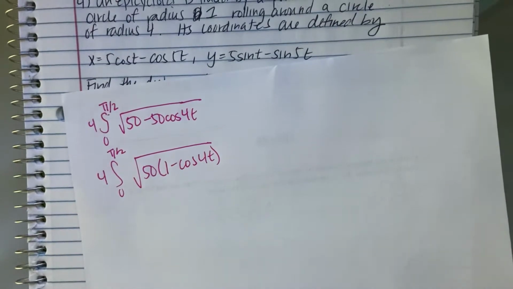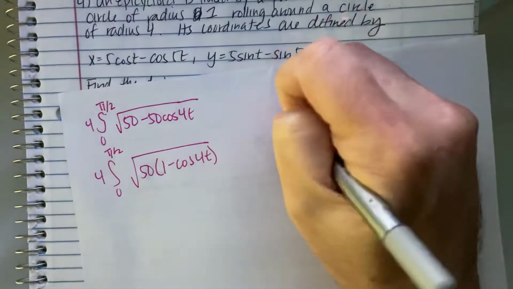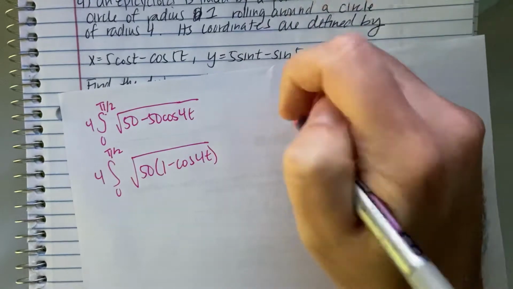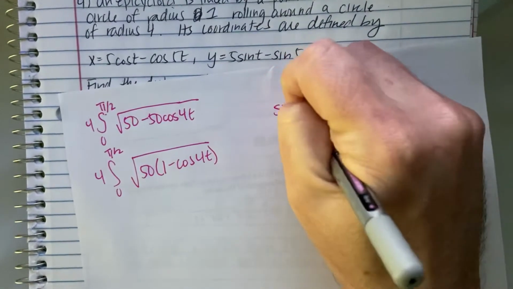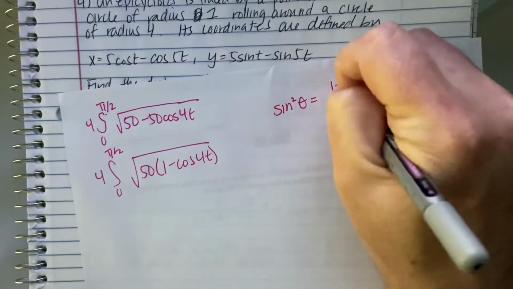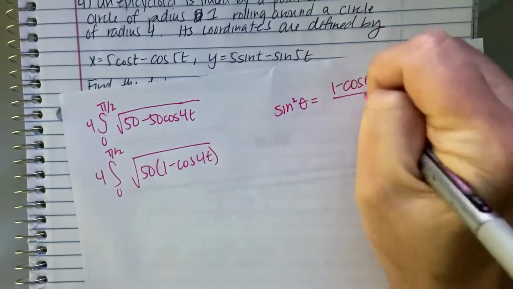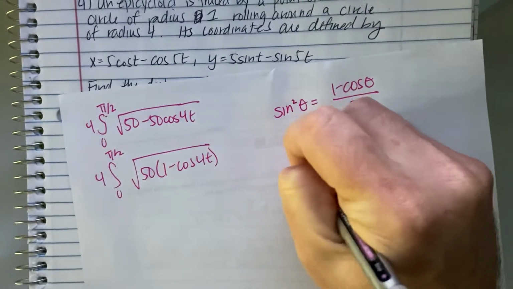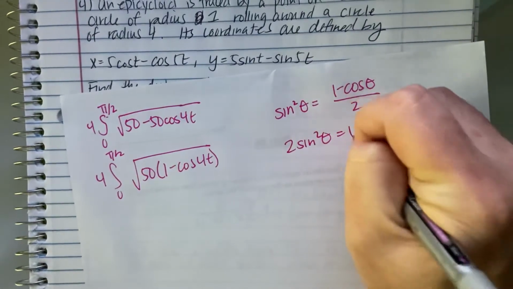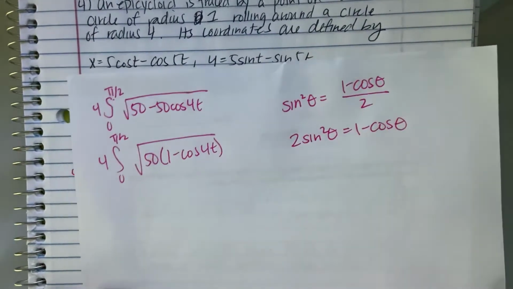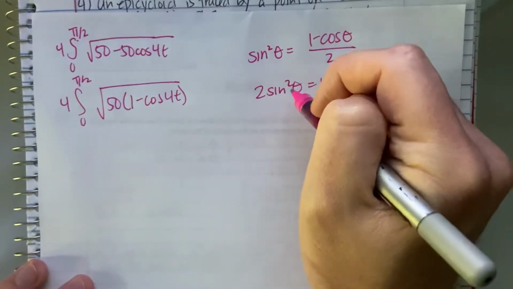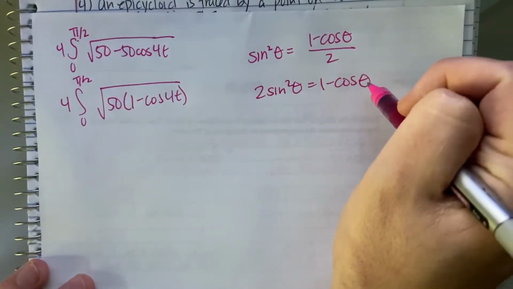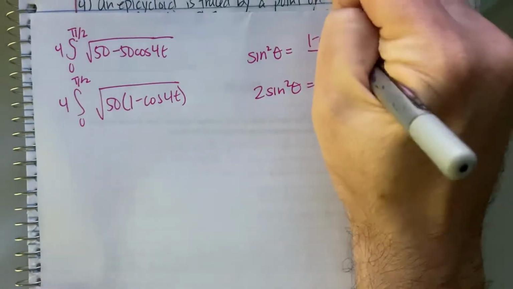Do you remember that power reduction formula? Sine squared theta equals (1 minus cosine 2 theta) over 2, which means 2 sine squared theta equals 1 minus cosine 2 theta.